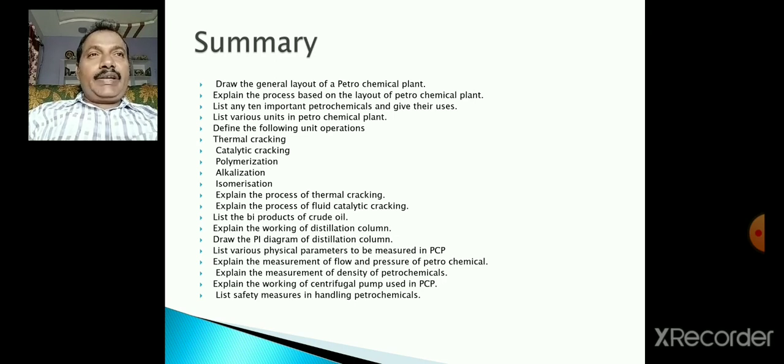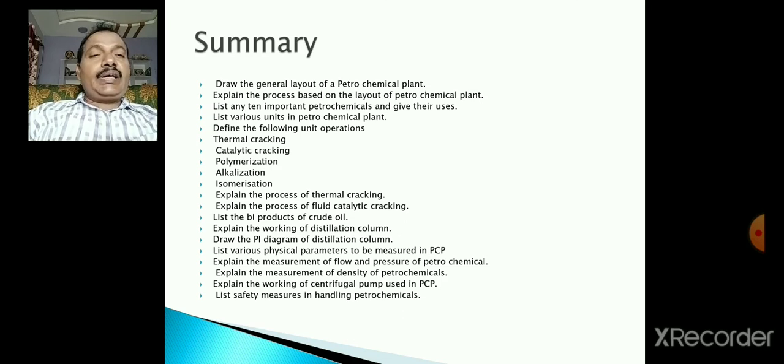We have completed the petrochemical plant. In this, we have discussed the overall layout, important petrochemicals and their uses, and unit operations such as thermal cracking, catalytic cracking, polymerization, alkylation, isomerization.